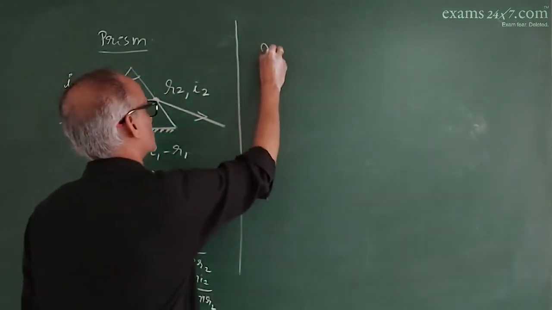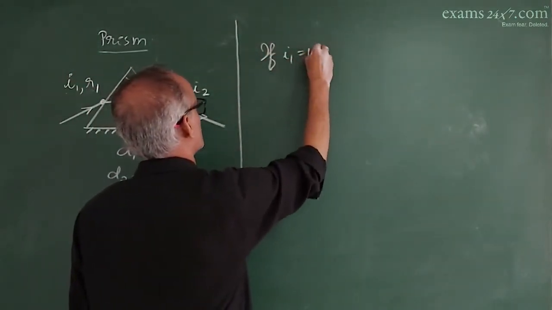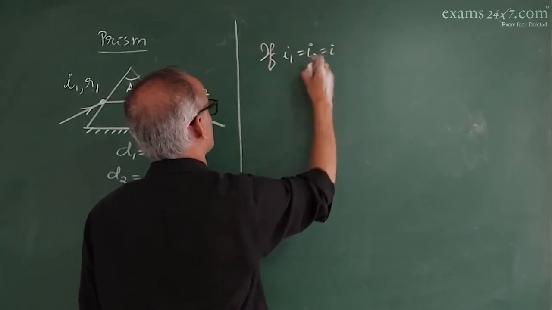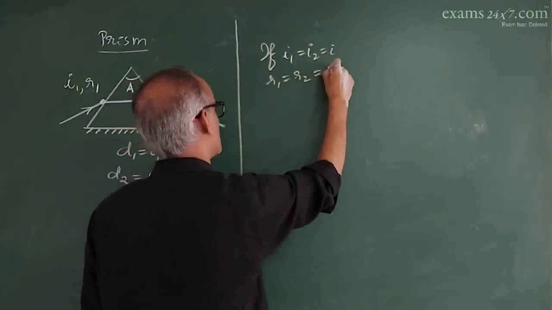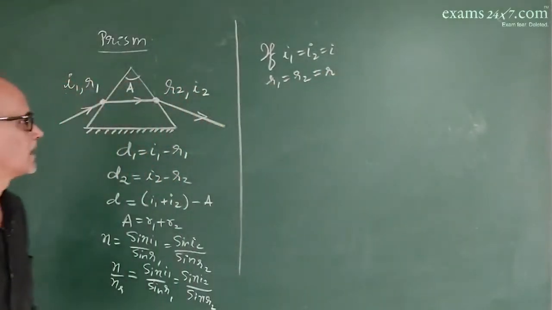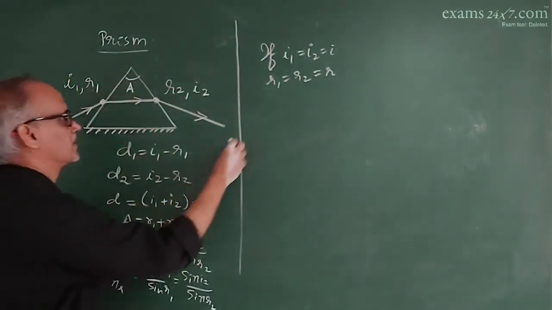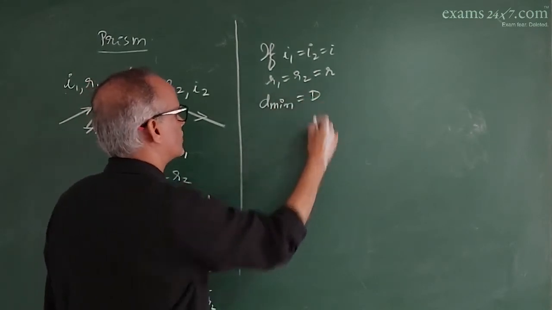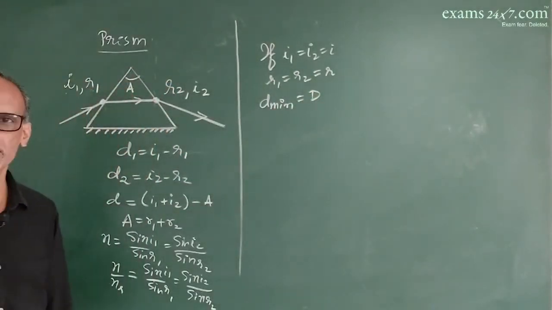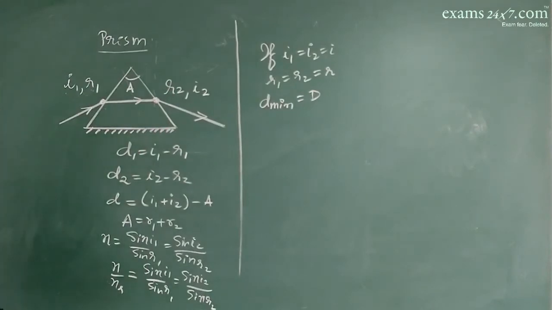If they are equal, if I1 is equal to I2 is equal to I, or R1 is equal to R2 is equal to R, then we say that this prism is in the minimum deviation position. So D minimum, it is denoted by capital D and it's called as the angle of minimum deviation.